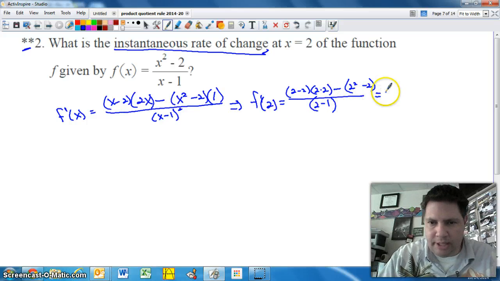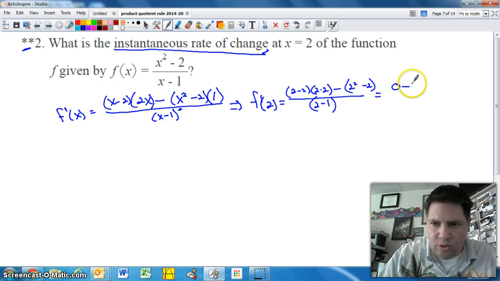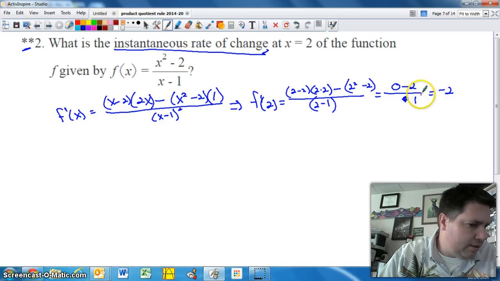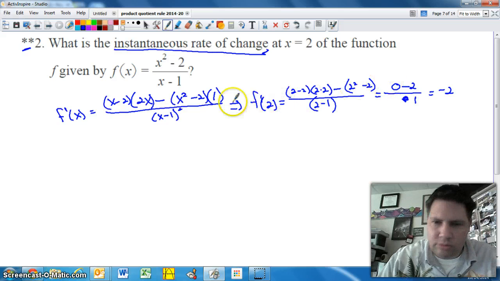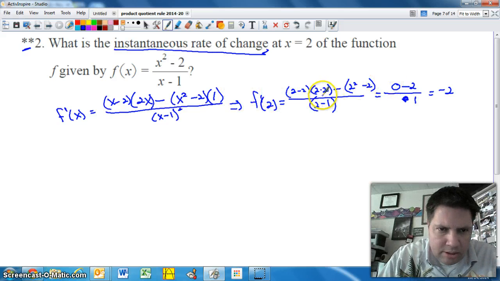So we end up with 0 minus 4 minus 2 is 2. 0 minus 2 over 1. And so it looks like negative 2 if I did my math correctly. Wait a second. Oh, that's 2 minus bottom.